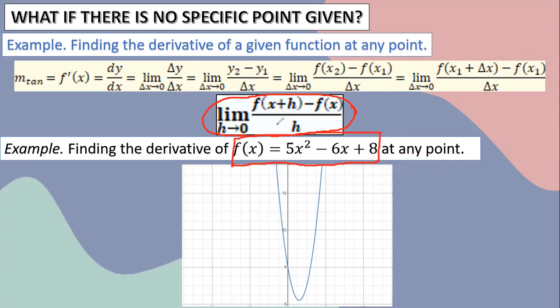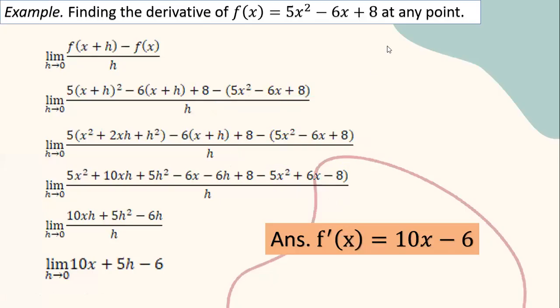Okay, so in finding the derivative of f of x is equal to 5x squared minus 6x plus 8 at any point, we will use the formula limit of f of x plus h minus f of x over h as h approaches 0.